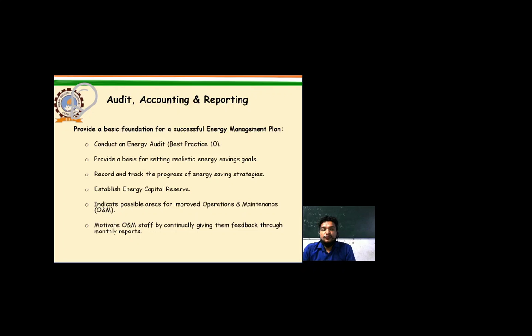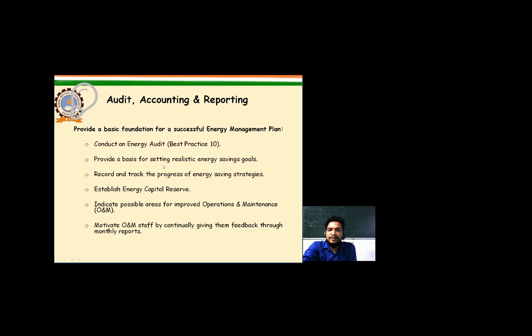these slides. So, for providing a basic foundation, there are some following points. First point is all about the conduction of an energy audit. Best practices step 10. In this point, we will talk about the conduction of energy audit.